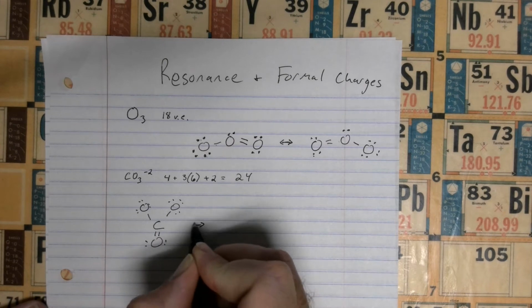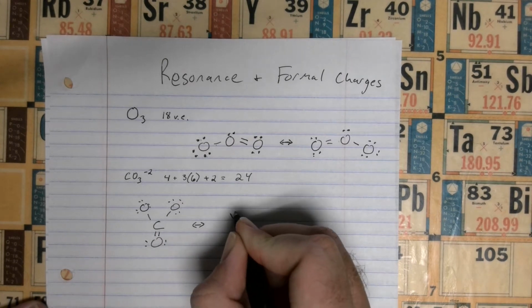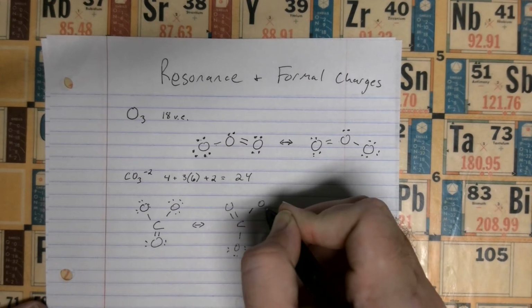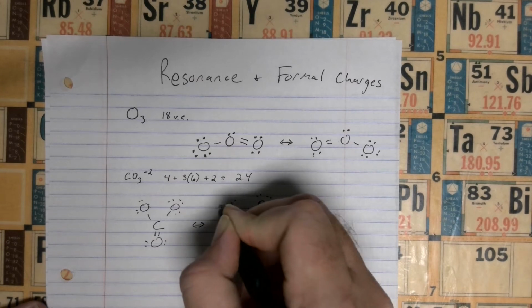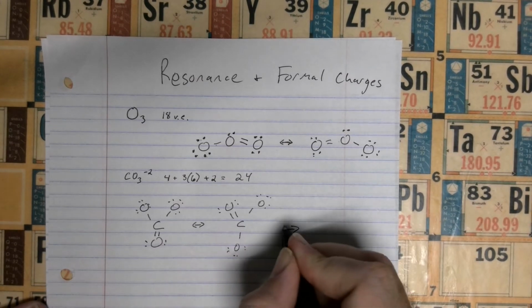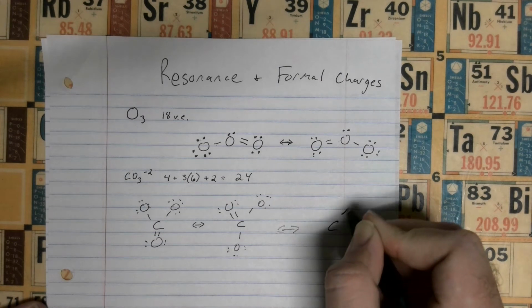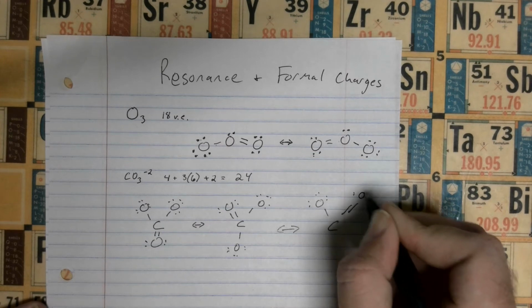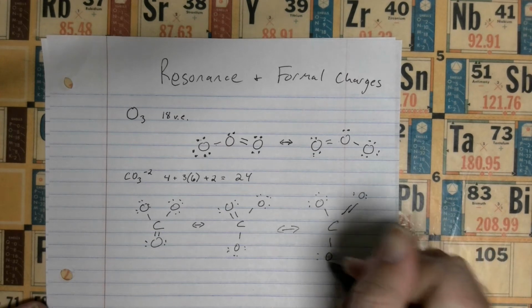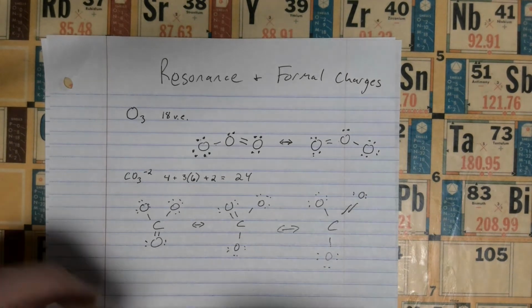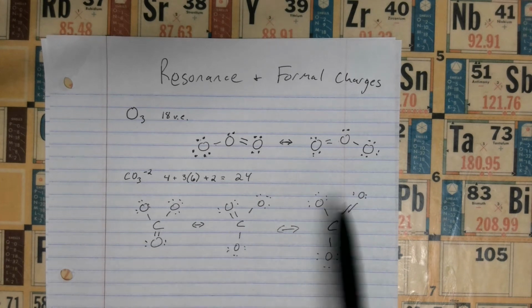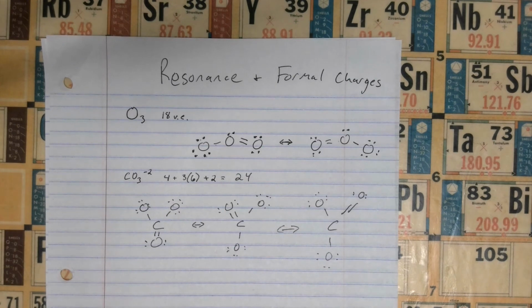So when you draw it, you're going to draw another one, putting the double bond in the other location, and then still another one with it in the final location. And again, none of these is correct in and of itself, but remember, it's a combination of all 3 of these, because the double bond, or that extra pair of electrons, is kind of floating around within the rest of the compound.